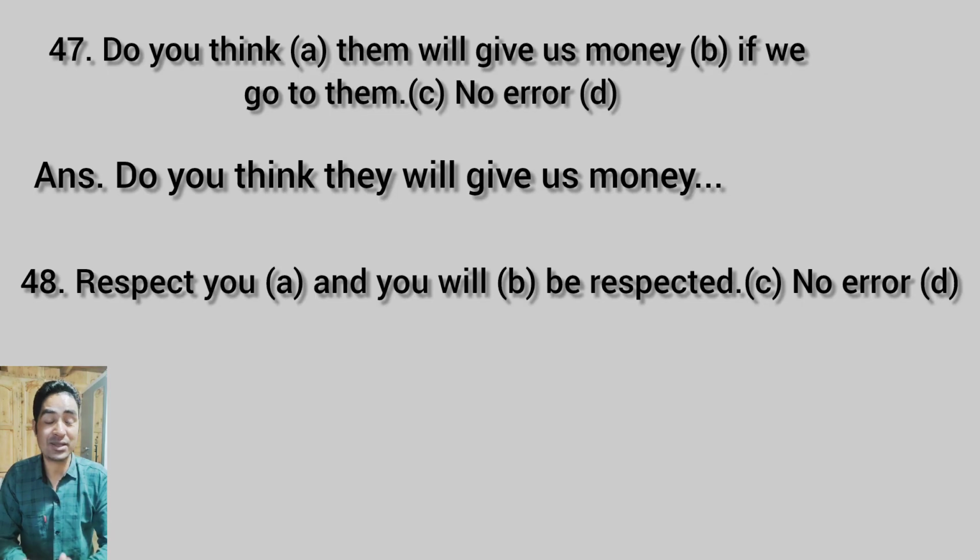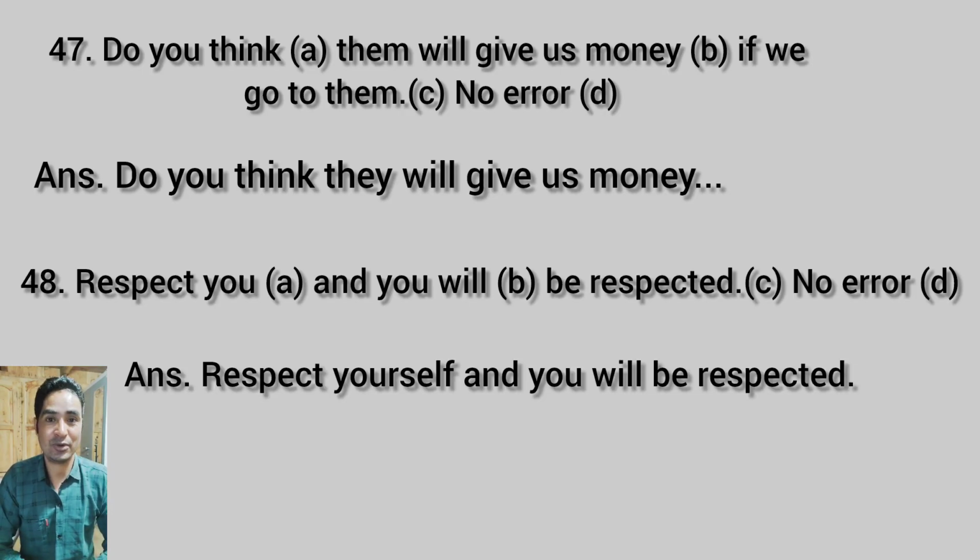As you know, when the subject of the sentence and the object of the sentence are the same, in this case we use a reflexive pronoun. So here, "respect yourself". There is no need to write "you". As I taught you before, the subject is hidden in imperative sentences. So we have to write "Respect yourself and you will be respected."